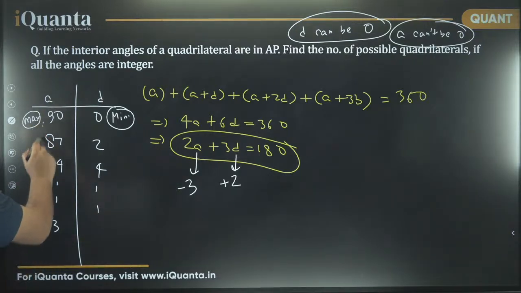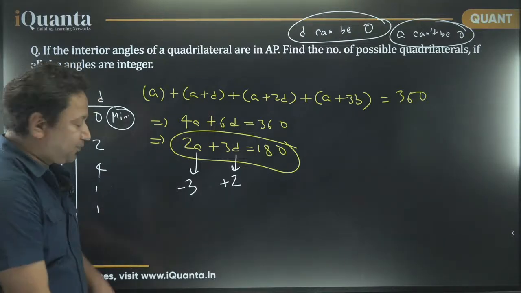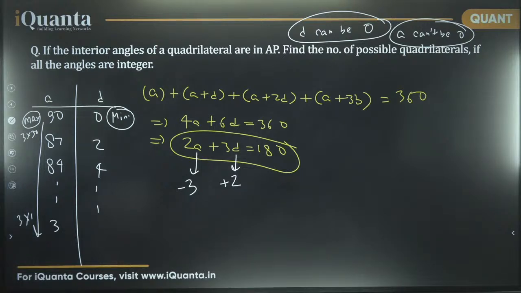So I have written down the table of 3 from 3 into 30 to 3 into 1, till 3 exactly.